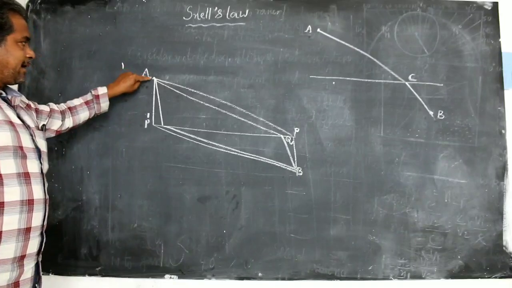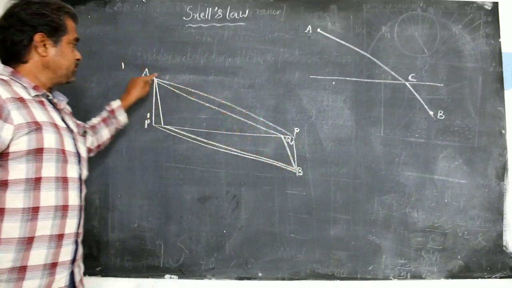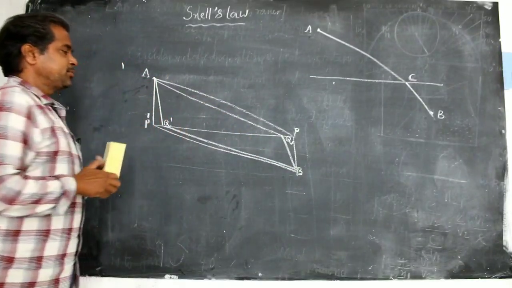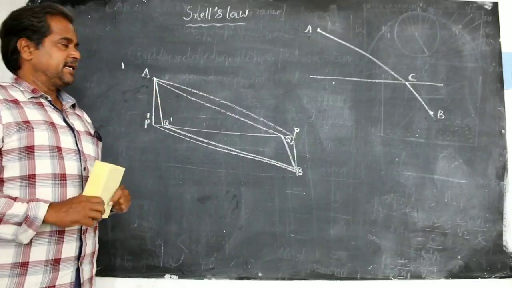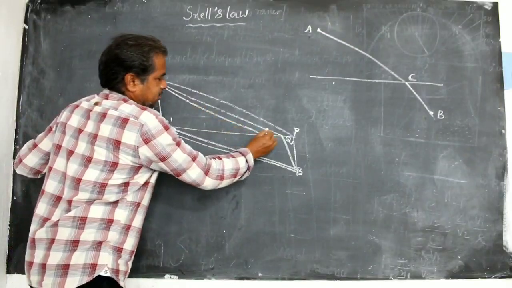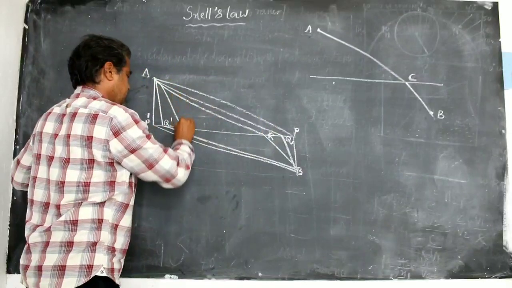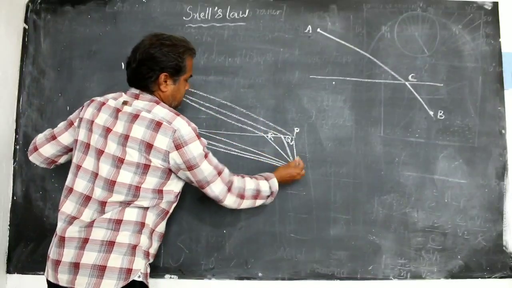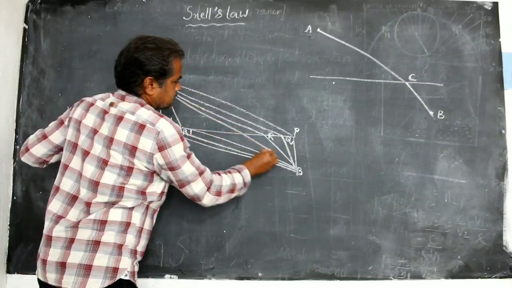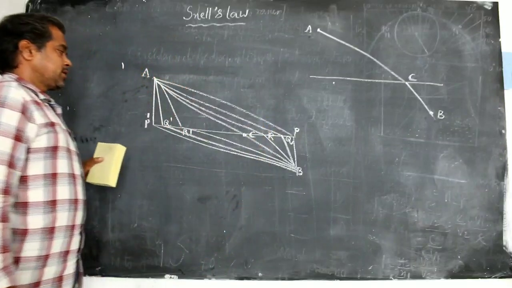When this person travels either AQB or AQ dash B, he takes the same time. We do this activity many more times, ARB or AR dash B, like this. We get one path, and that path is the least time taken path.